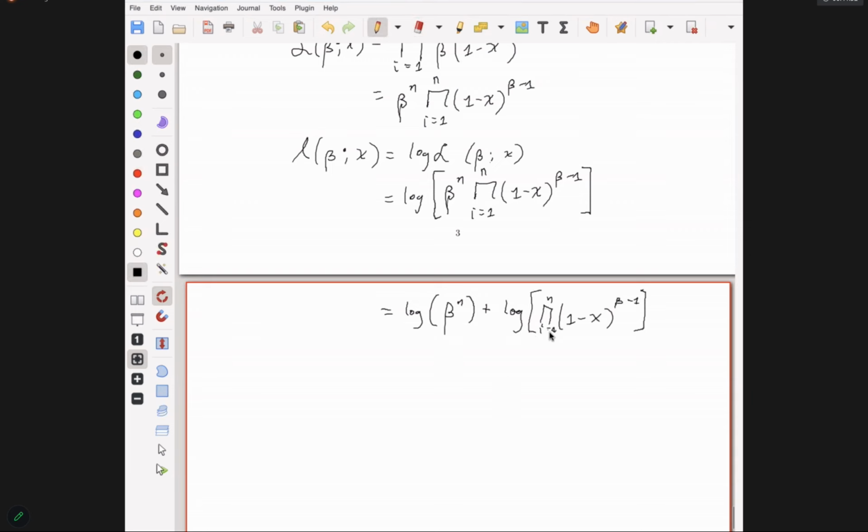I have a question. When we took beta in front of the product, we put n there, as the power of beta when we moved it.